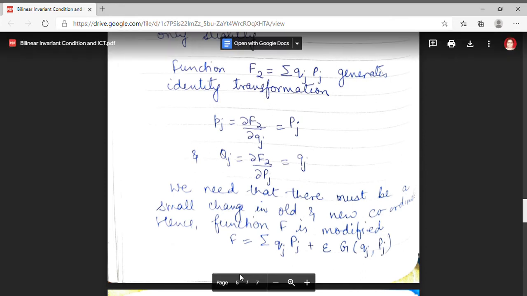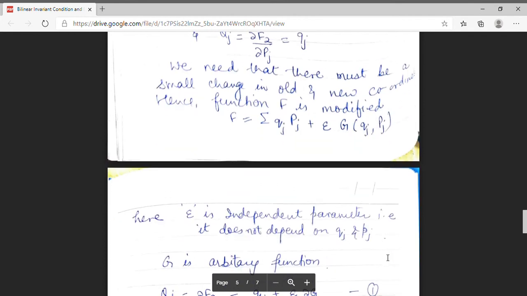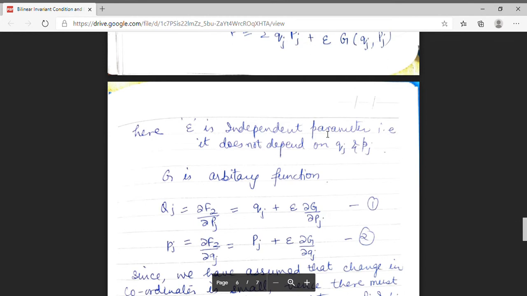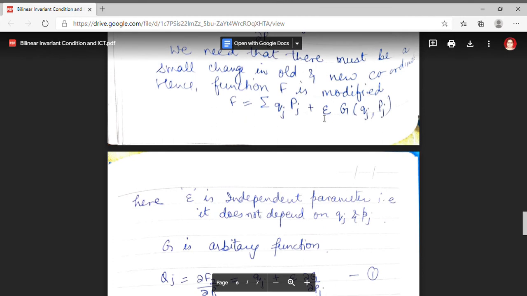Let my new generating function F be summation small qj capital Pj plus epsilon capital G, which is a function of small q and capital P. Here epsilon is an independent parameter, and G is an arbitrary function. This is the second form of generating function.